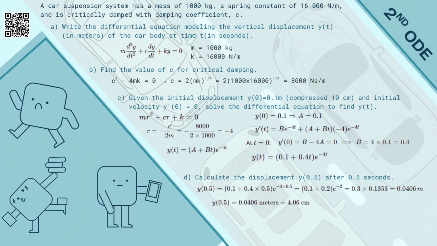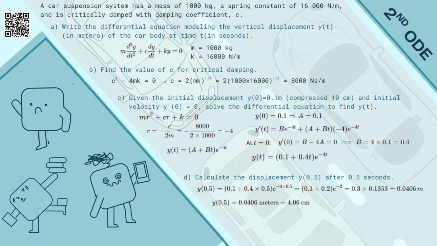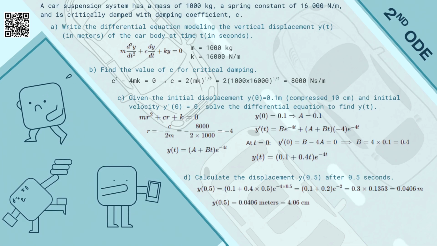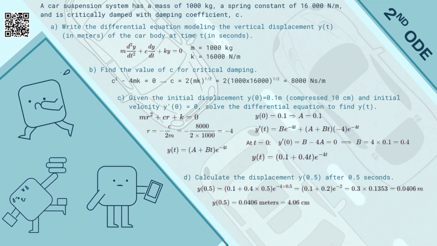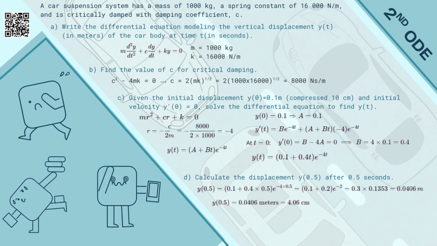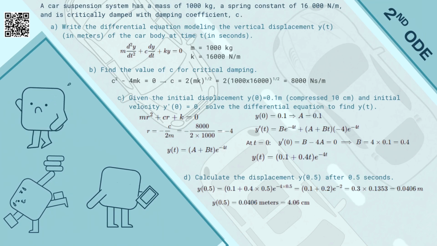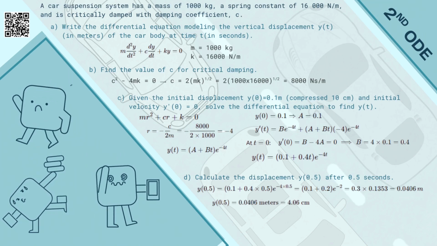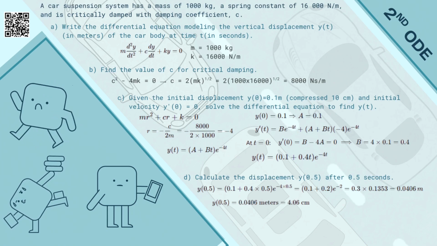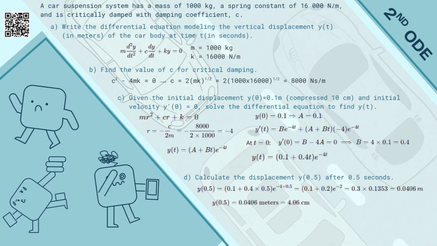Then at t equals 0, we substitute y equals 0.1 and y prime equals 0. Then we will get the equation of y over time, which is the displacement over time, the general equation. So for the last question, calculate the displacement y after 0.5 seconds.